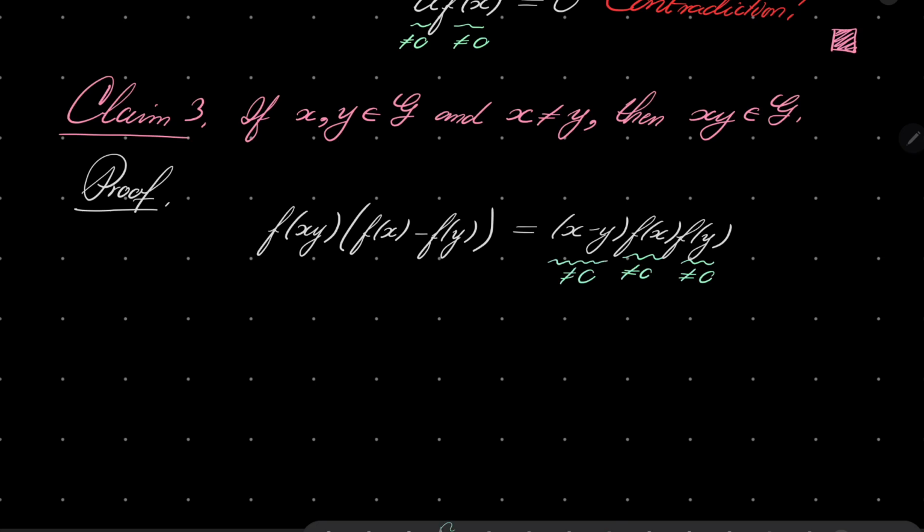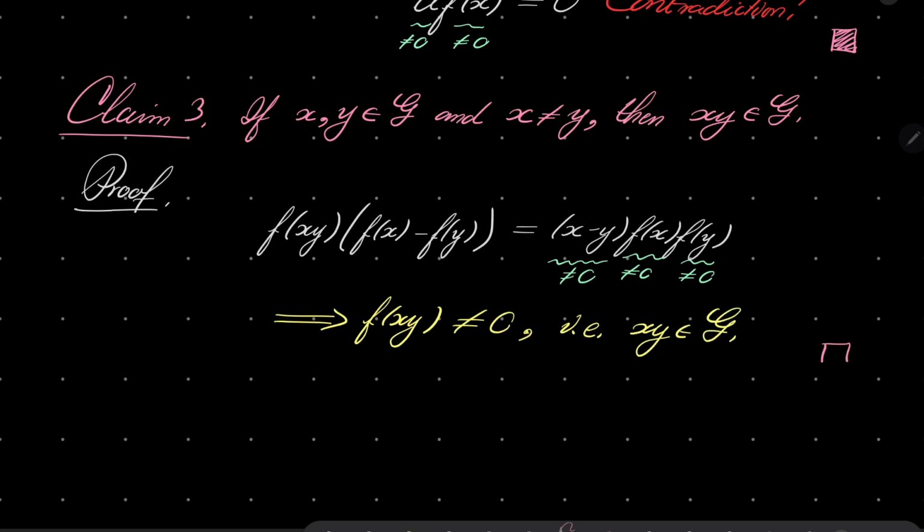So this is also not 0. So the left-hand side must also be not 0, which of course means that f of xy is not 0, i.e. xy is in our set G, which closes the proof of my third claim.